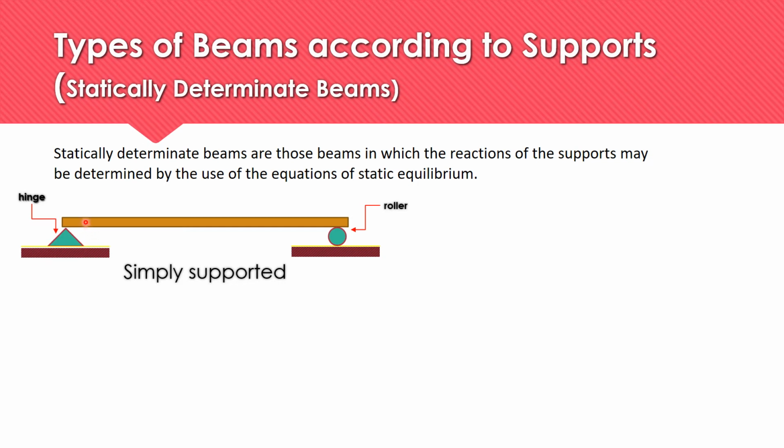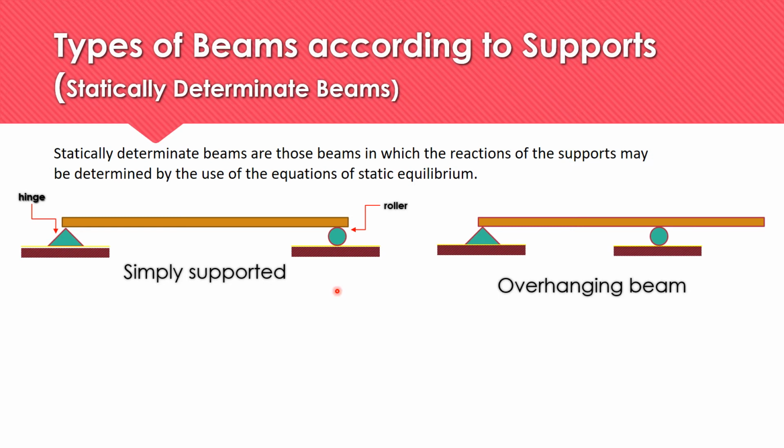Meron tayo ditong beam and then ang support ay combination ng hinge at one end and a roller at the other end. This is also simply supported, kaya lang, mas tinatawag natin to na overhanging beam. We have a hinge and a roller, pero may extended portion nito at free end.